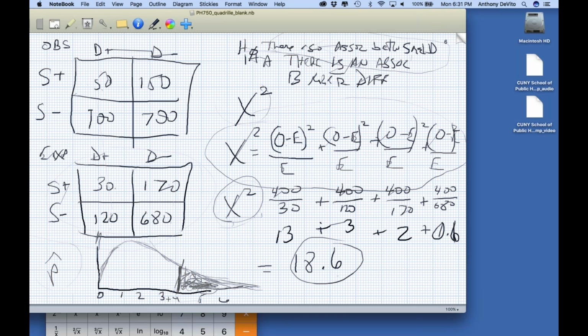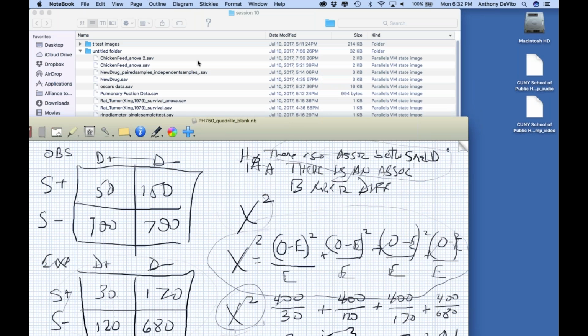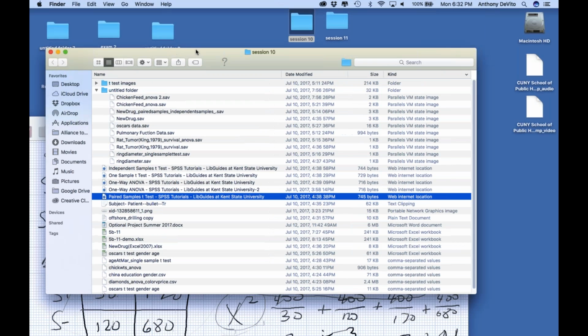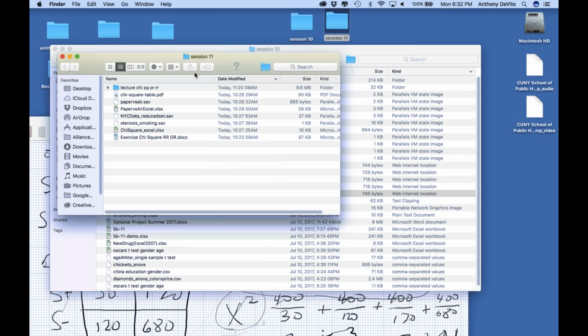So as it happens, there is a value that we can call a critical value of chi-square. Now, I'm going to tell you for now that we could go to a table, a chi-square table. I think I gave you one.